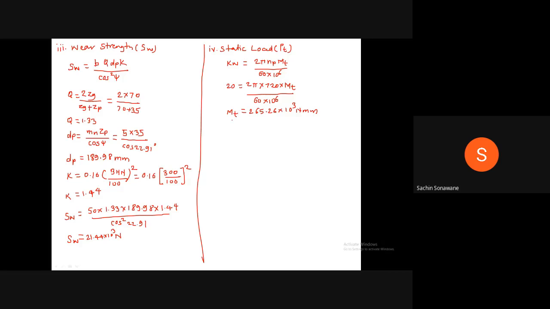Now from torque transmitted, calculate tangential load. What is the formula? PT is equal to 2 Mt upon dp. Therefore, substitute the values: 2 into 265.26 into 10 raised to 3 divided by 189.98. Calculate PT in Newton.